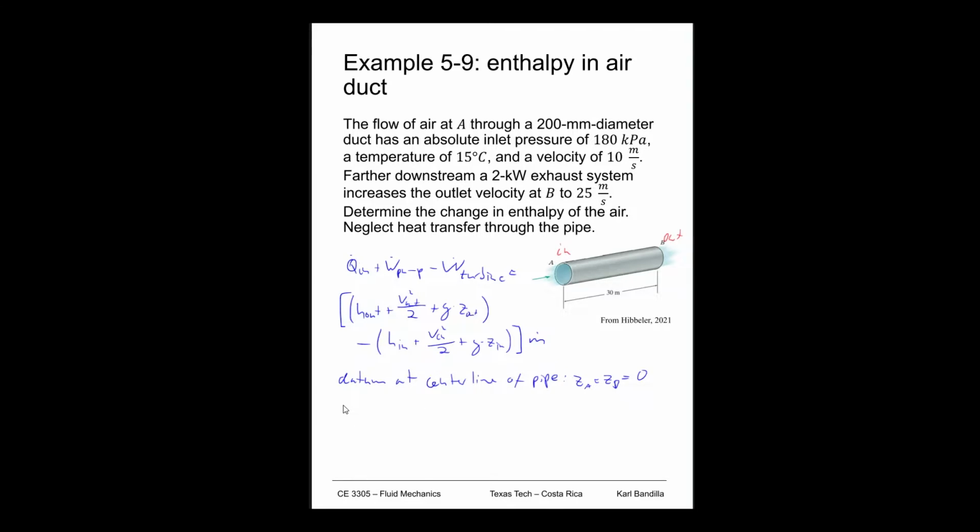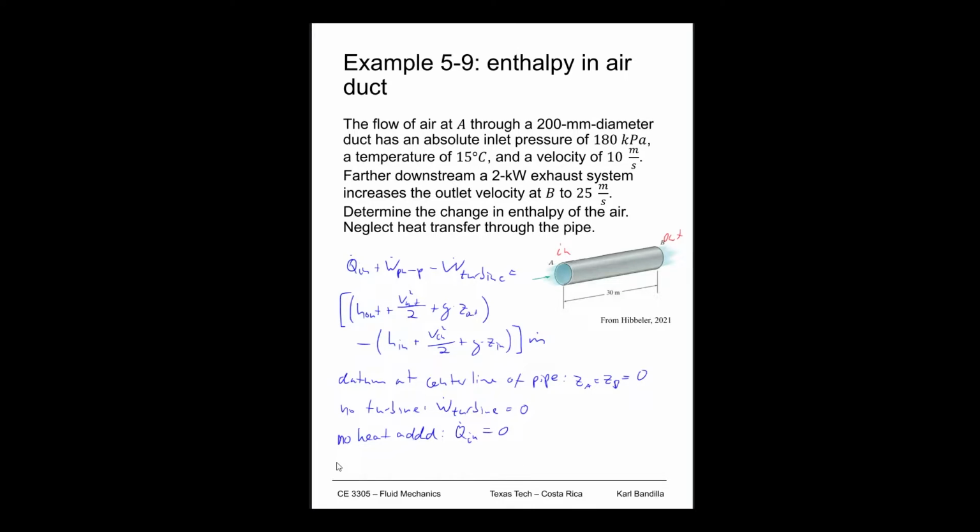We don't have any turbines. No turbine, so W dot turbine equal to 0. We're also told that there's no heat being added. No heat added, which means our Q in is equal to 0.